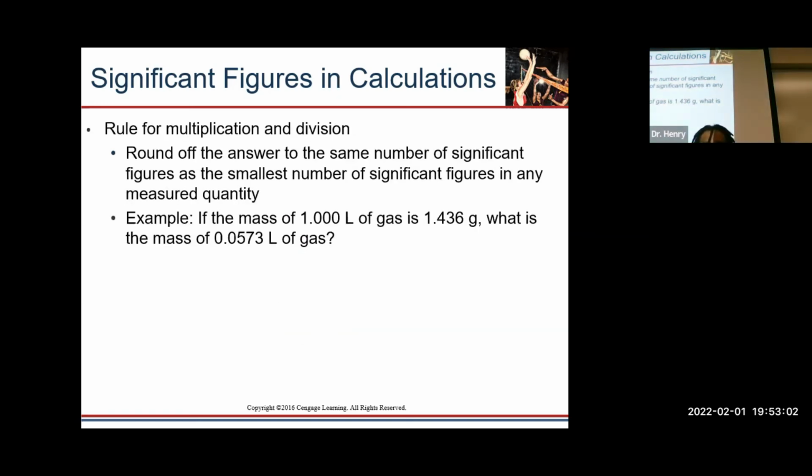Okay, so we've already talked about the rules for multiplication and division. So here's the example. If the mass of 1.00 liters of gas is 1.436 grams, what is the mass of 0.0573 liters of gas?